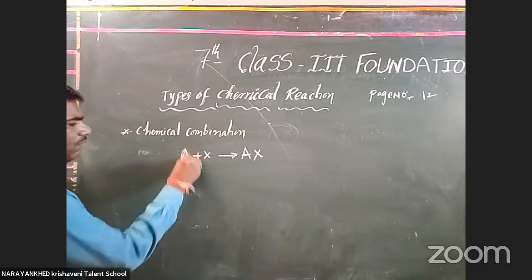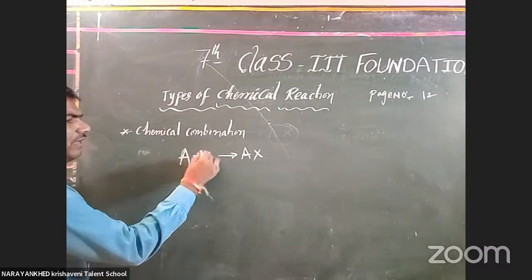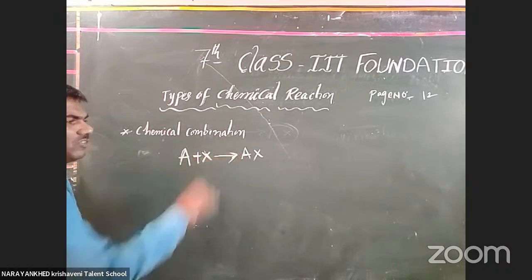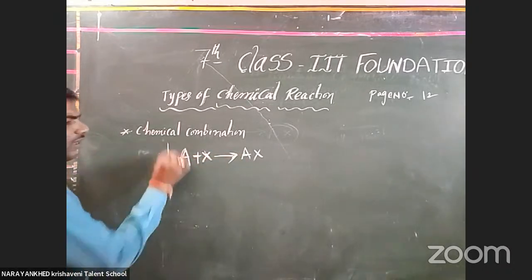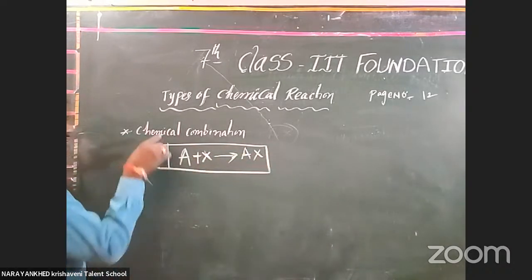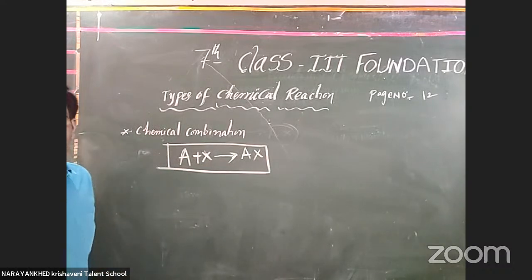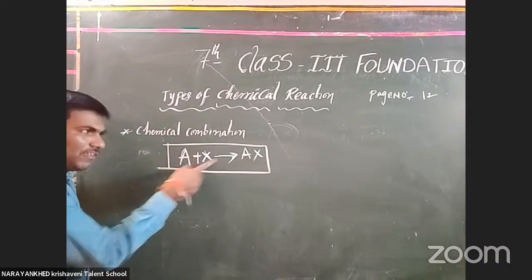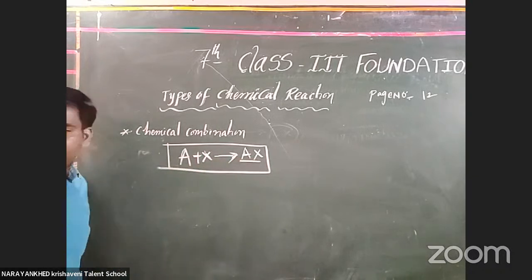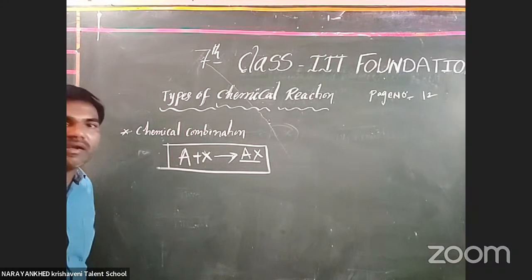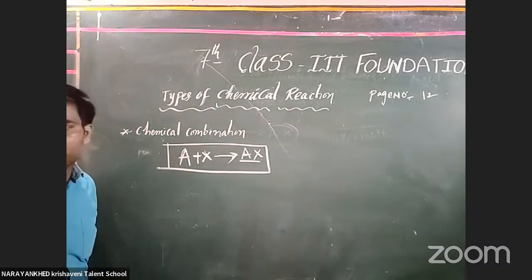Yes, this is the general form of a chemical combination. One is combined with another one, and a new one is formed. Only one is formed here. That is called a chemical combination. Got it or not?